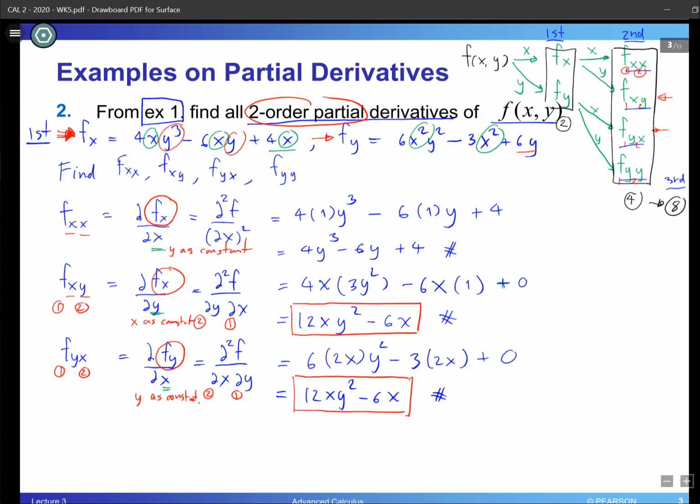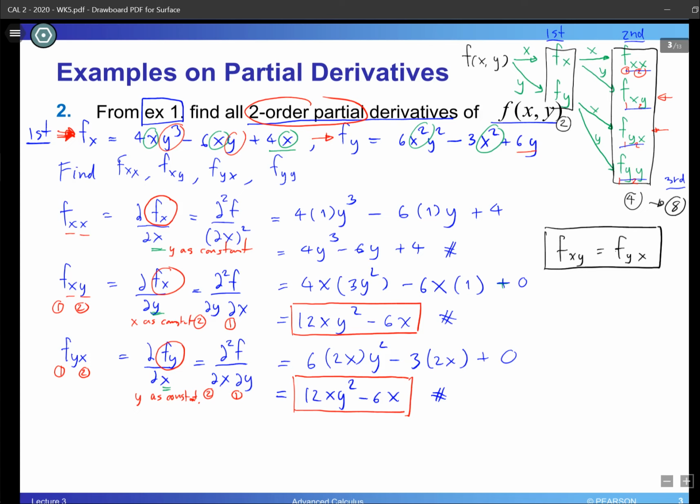Alright, so make a note right here that fxy equals fyx. Which means that when it comes to partial derivatives, the order of this operation doesn't really matter.